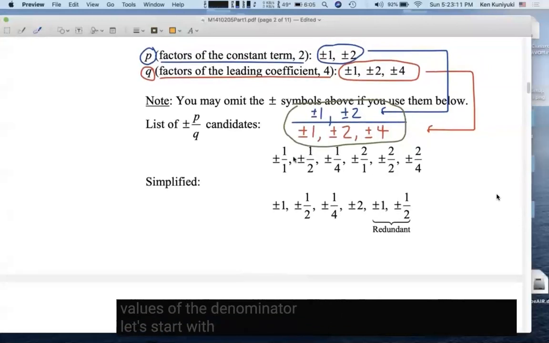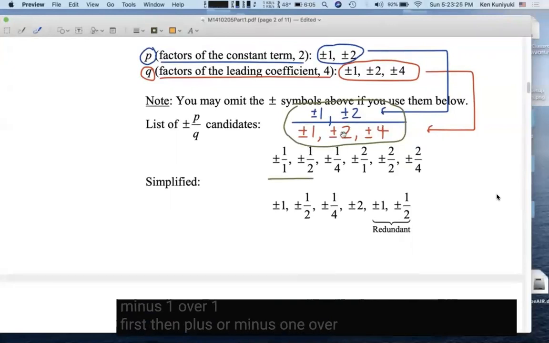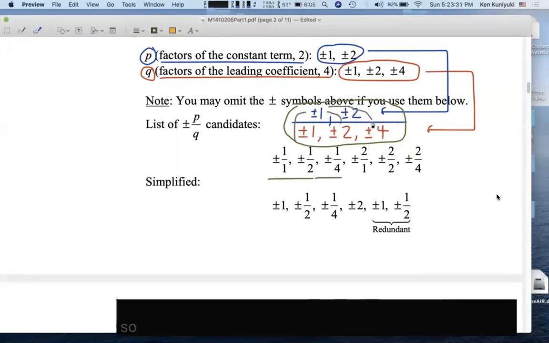Let's start with the possible candidates with plus or minus 1 on top. So we get plus or minus 1 over 1 first, then plus or minus 1 over 2, and then plus or minus 1 over 4. So these are 3 pairs of possibilities with plus or minus 1 on the top.